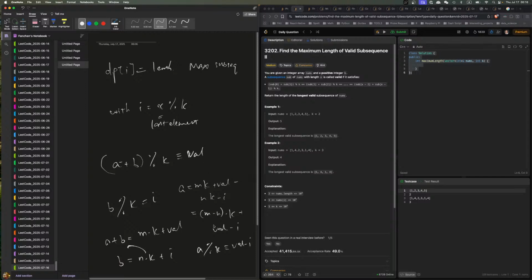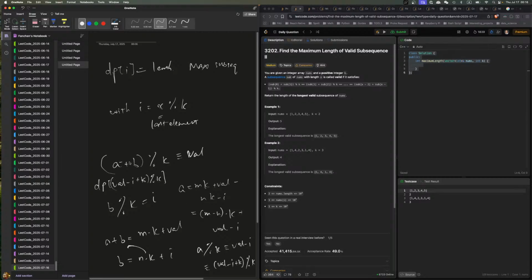Well, this might be negative, so it shall equal (val minus i plus k) mod k, right? Which means if I know dp[i], then dp[(val minus i plus k) mod k].